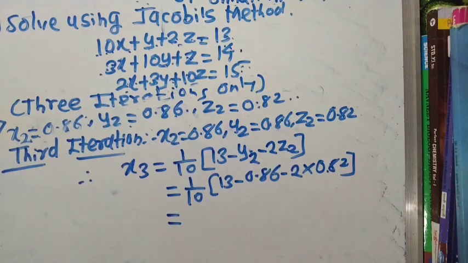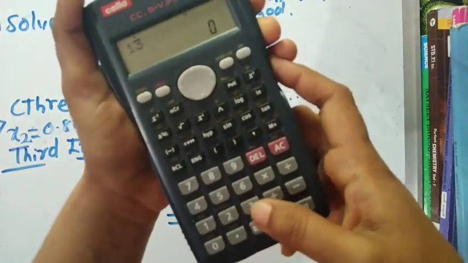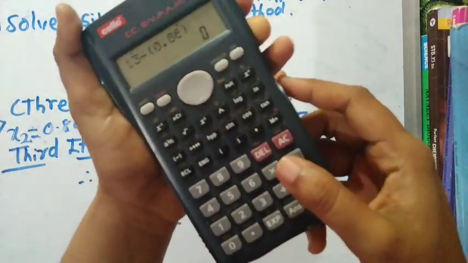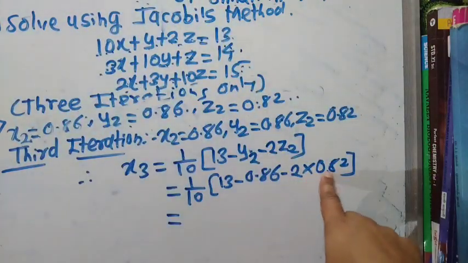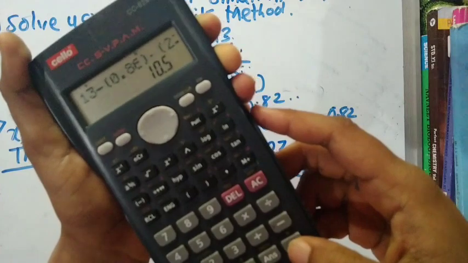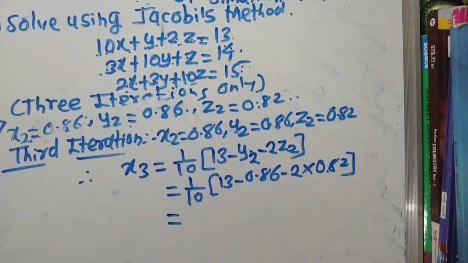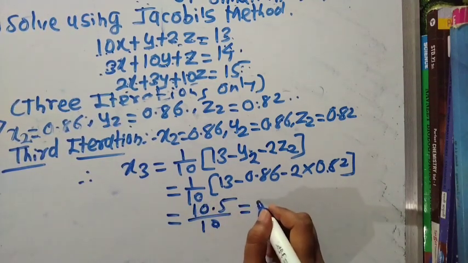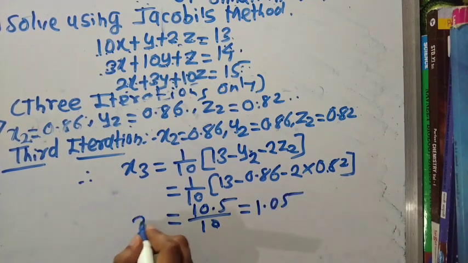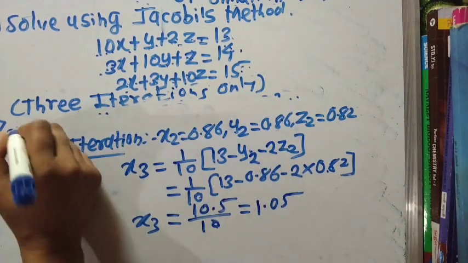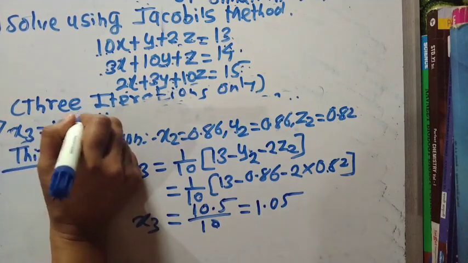So find out this value. 13 minus 0.86 minus 2 into 0.82, which is equal to 10.5. 10.5 divided by 10 is 1.05. So here x3 is equal to 1.05.